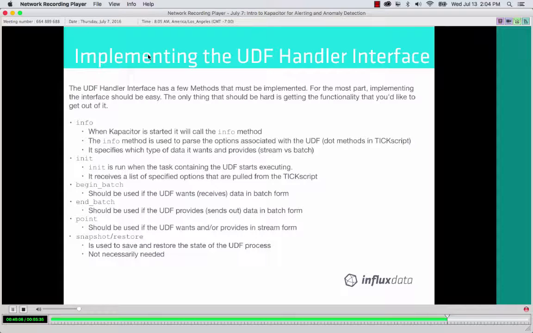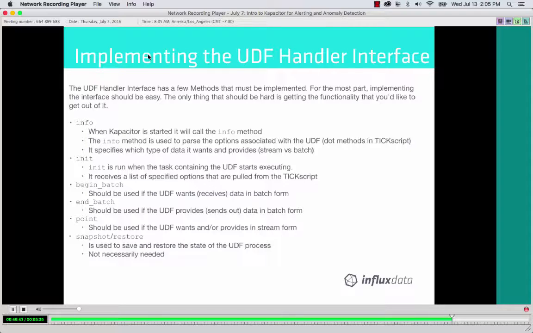The next thing is the init method, which is run when a task containing the UDF starts executing. The differentiating thing here is that info happens when Capacitor starts, while init happens when the task containing the UDF starts. It receives a list of specified options that are pulled from the TICKscript. So it gives you a map, I believe, of the various options.